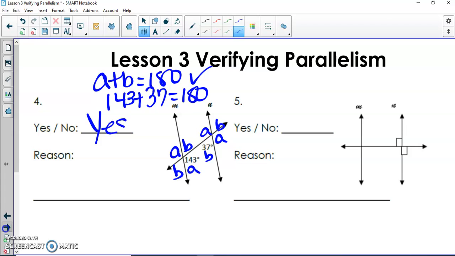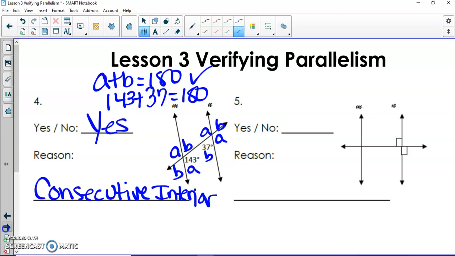So these are parallel. I can use it to prove parallel lines because I have consecutive interior angles. If you need to review your vocabulary, go back to our original videos on this and all of your original notes. All of the diagrams are in your notes.